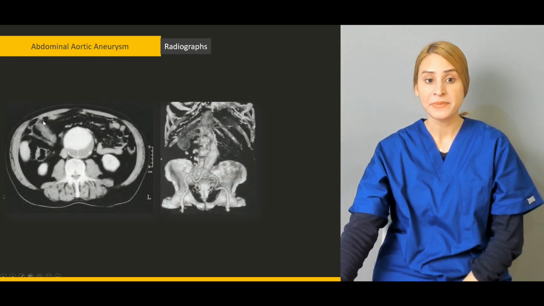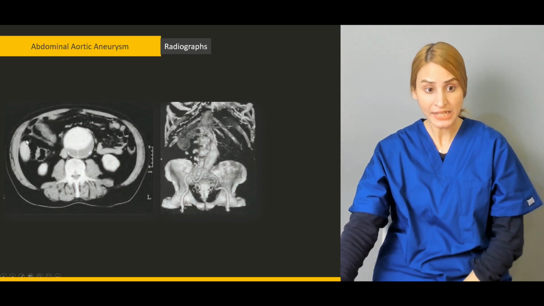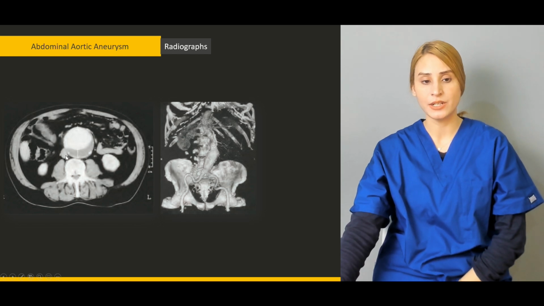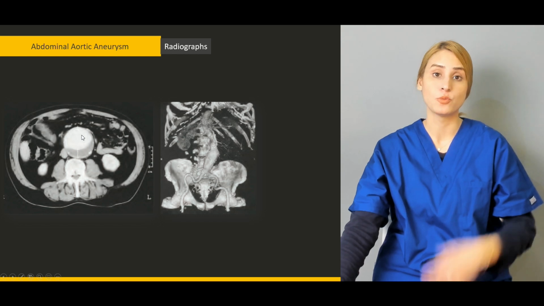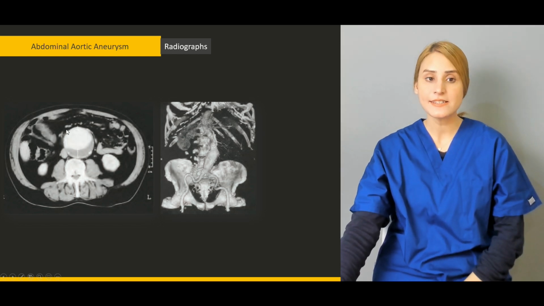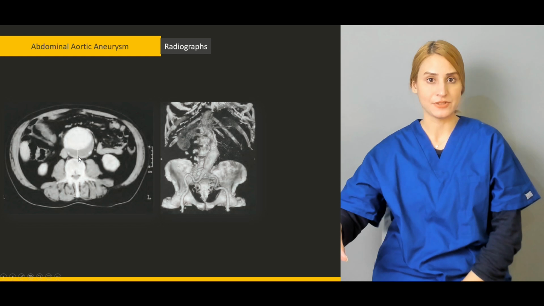So this is the CT scan of the abdomen, and at this level you can appreciate the aorta, and this hyperdense area, whitish in color, is the abdominal aortic aneurysm.